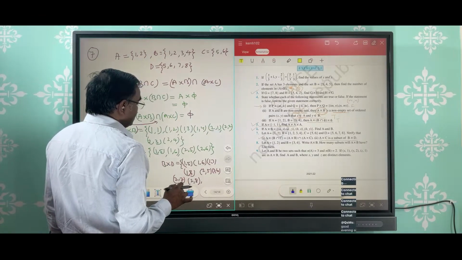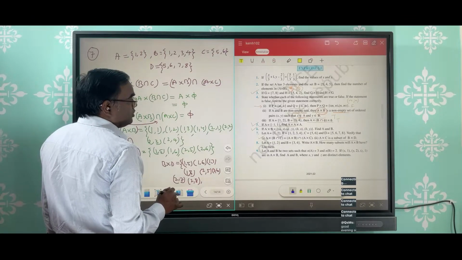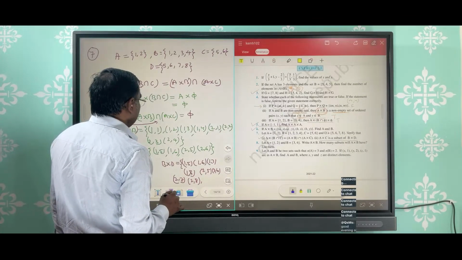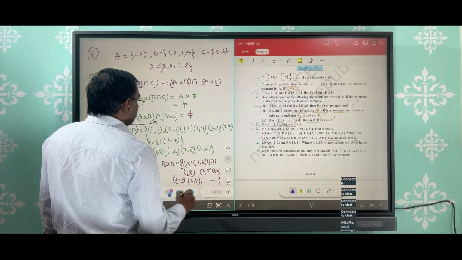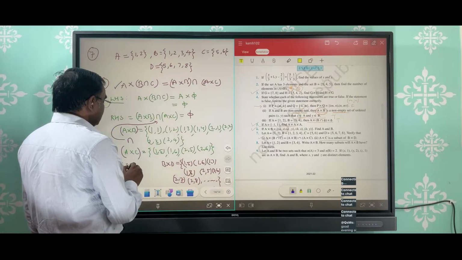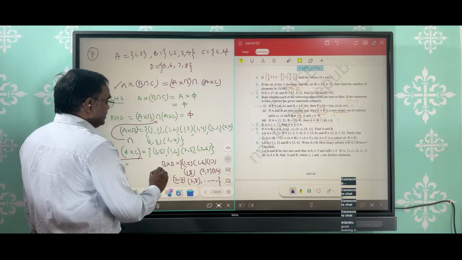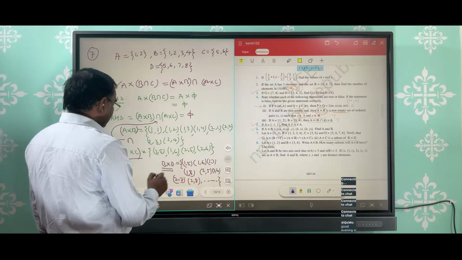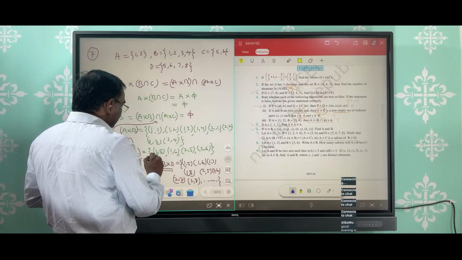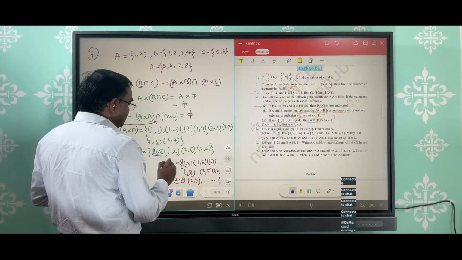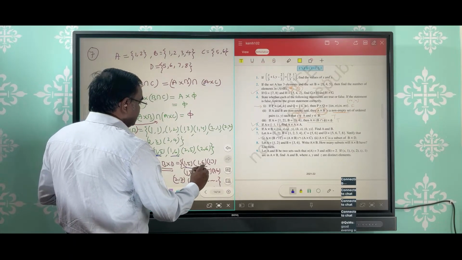So you can see that this is A cross C, and this is B cross D. (1,5) is in this, (1,6) is in this, (2,5) is in this, (2,6) is in this.